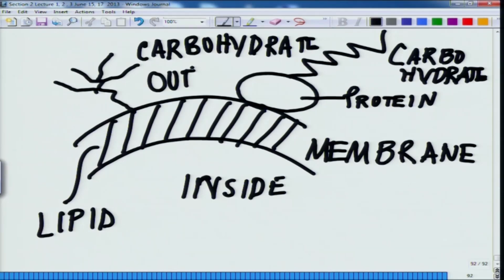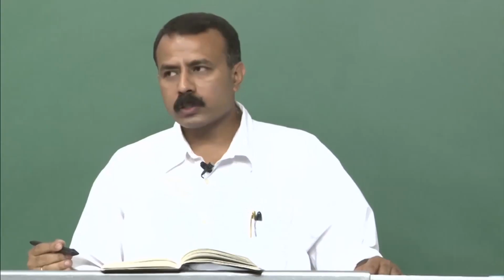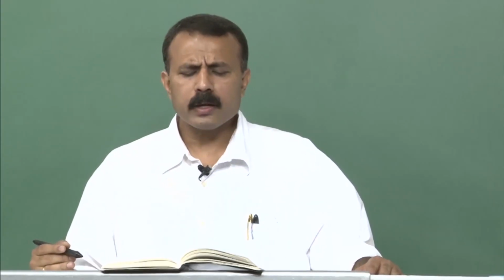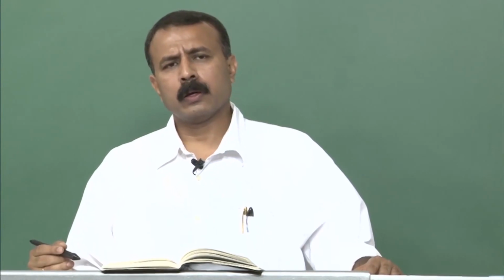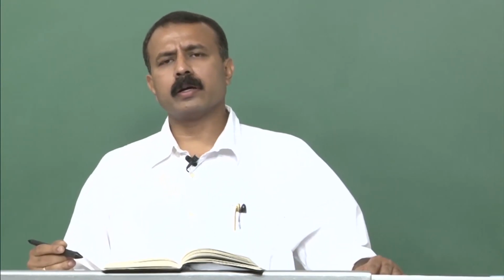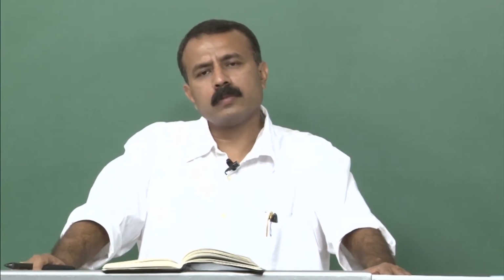I highlighted one point, but as in a rush we just finished it, that carbohydrates are always present on the outer surface. So, they face outside the cell. What does carbohydrate really do? One of the things is that it helps in cell to cell signaling, and in the identification of different cell types.